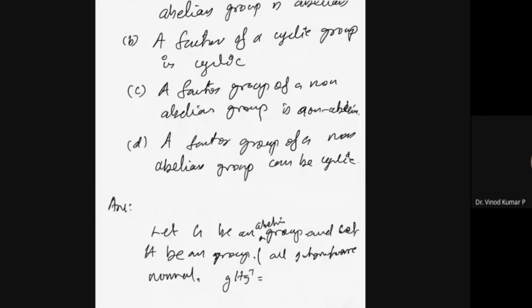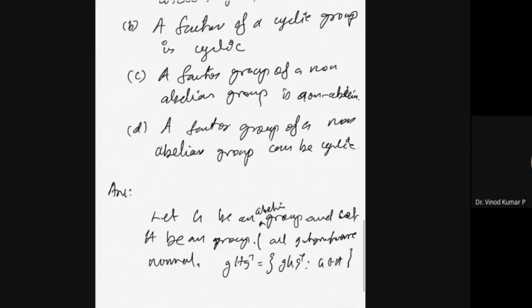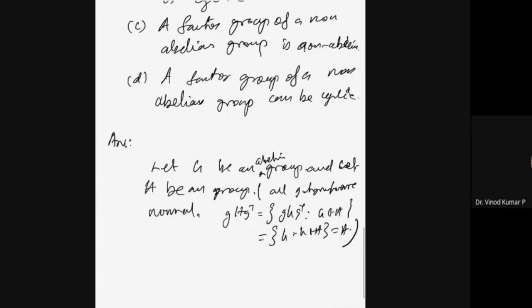By definition, g inverse h g belongs to H, but G is commutative, so this will be h. Therefore, H is a normal subgroup.